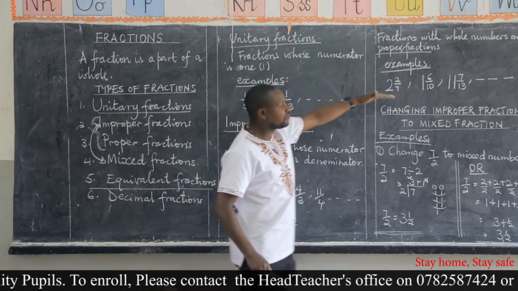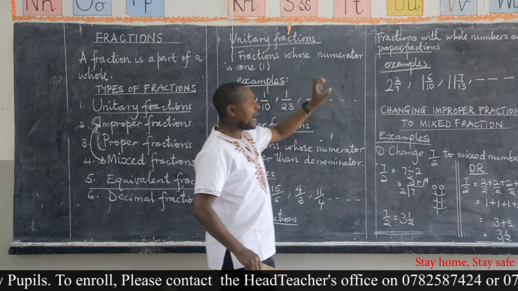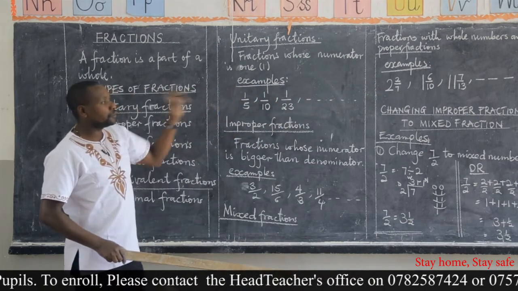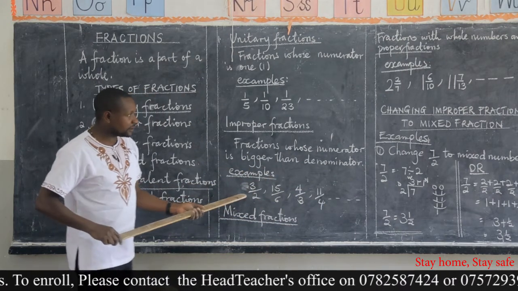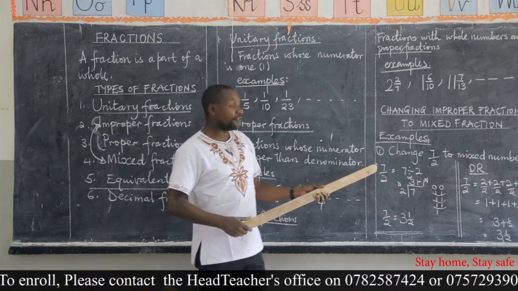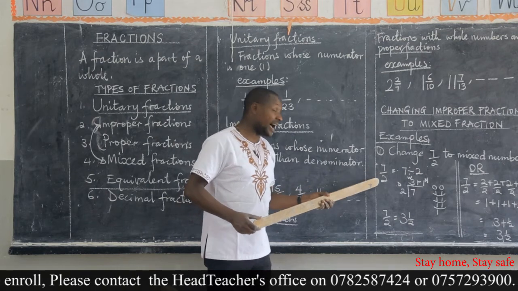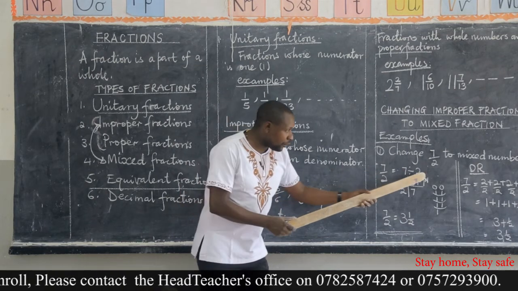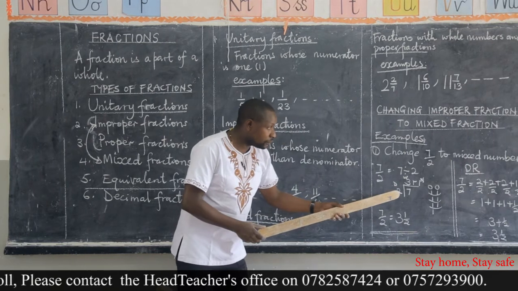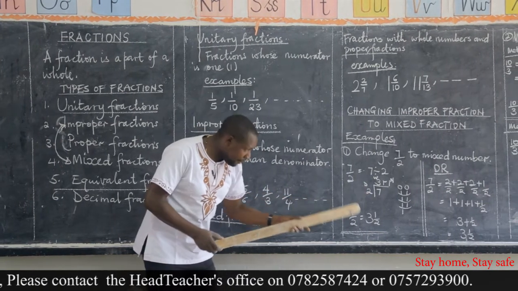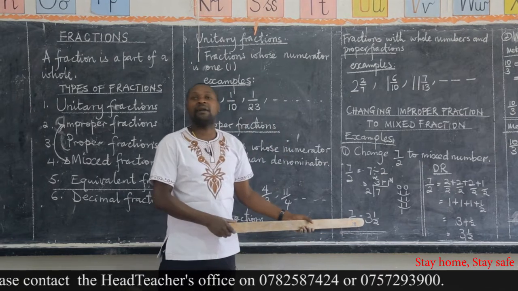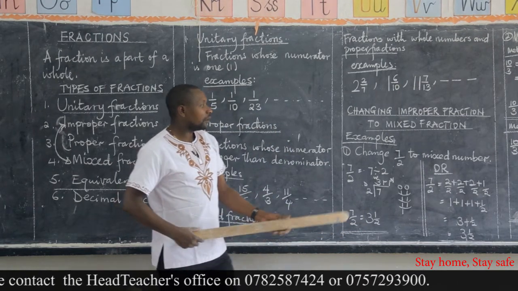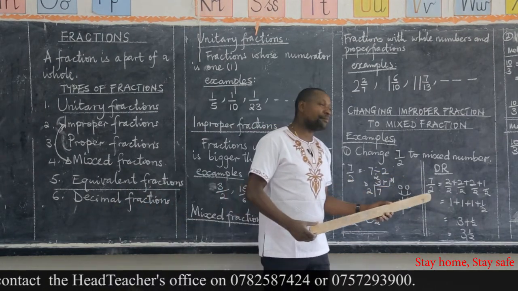Last, I moved on and showed how to change improper to mixed. The example I gave was 7 halves. I know you followed me in what I was doing here to come up with a mixed fraction as 3 whole number and a half. I applied another simpler method.